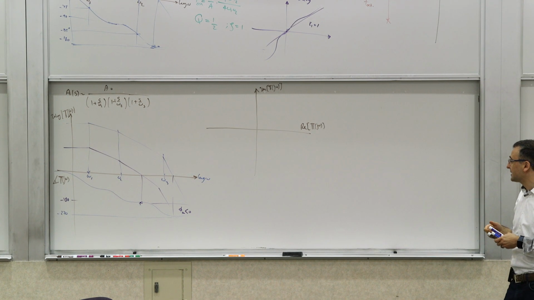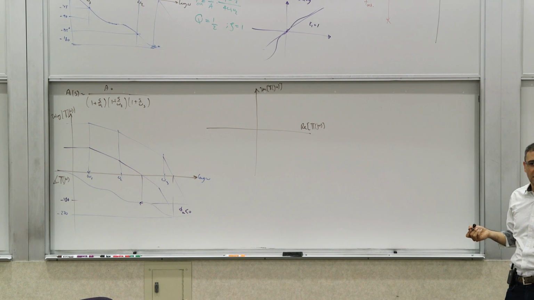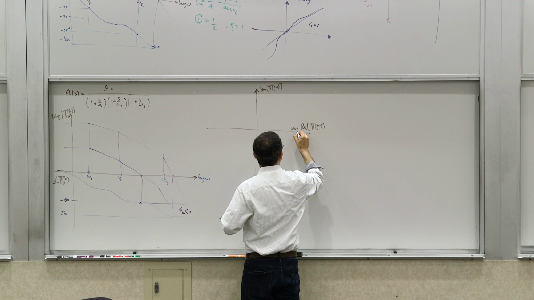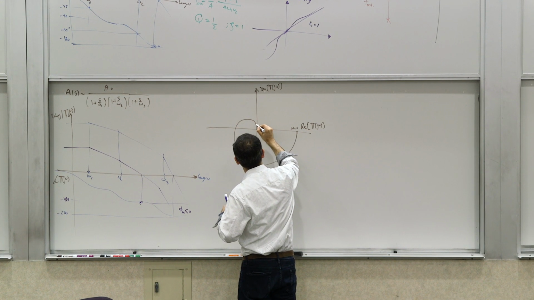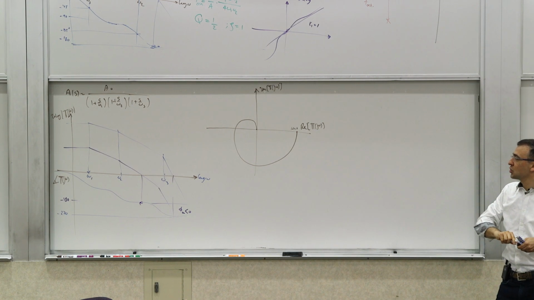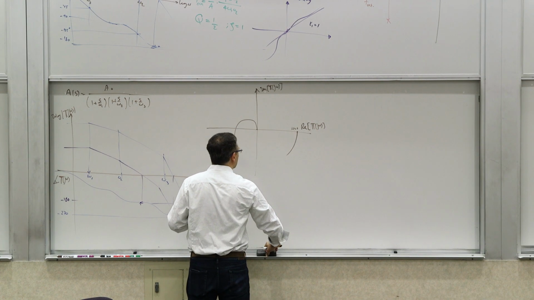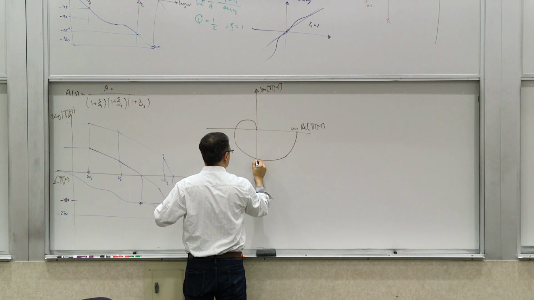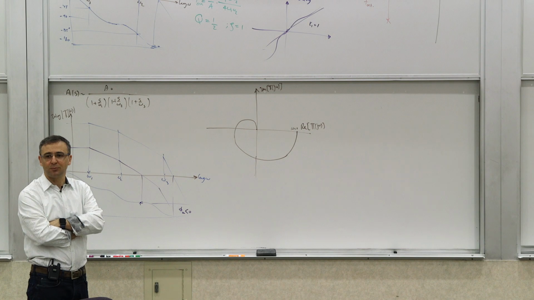If you're plotting this, how would it look? For omega equals 0, you start from here, you go around, you come back, and then you hit negative 180, negative 270. Maybe I went a little too far here. Something like that. So is it or is it not encircling the point negative 1?